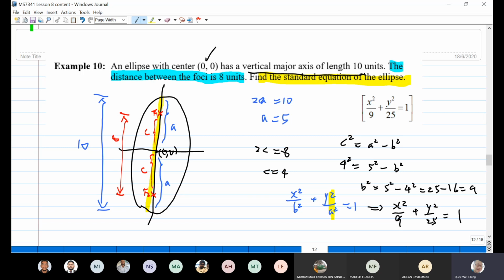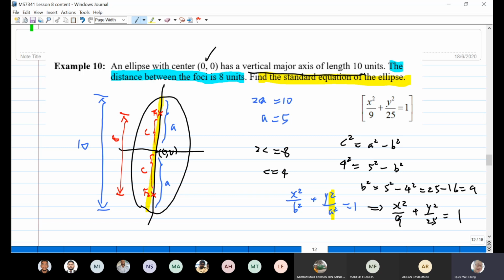Example 10. Okay, so there is example 10, then move on to example 11.